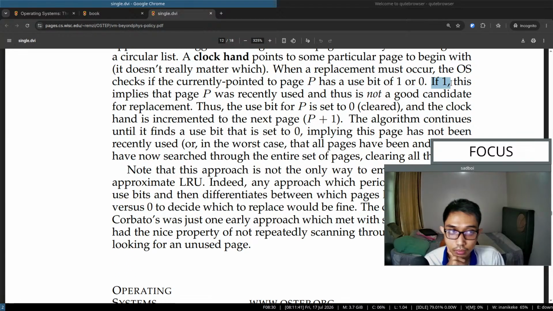If 1, this implies that page P, the currently pointed page, was recently used and thus is not a good candidate for replacement. Thus, the use bit for P is set to 0.